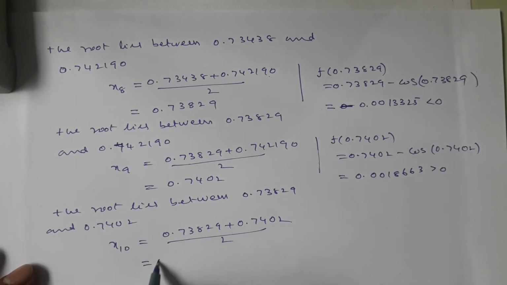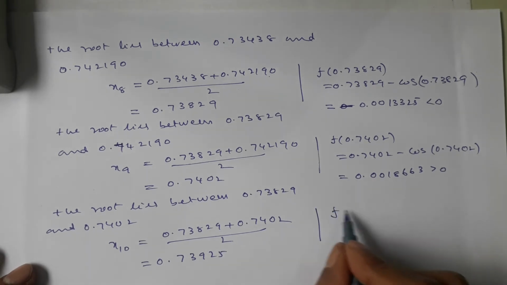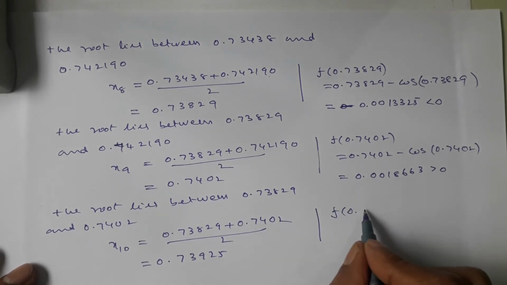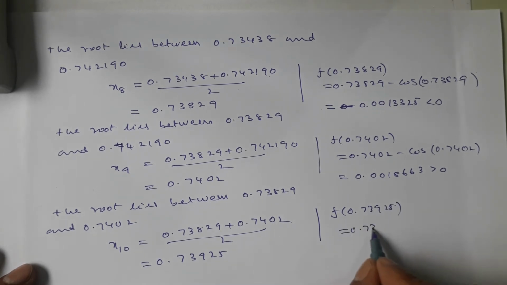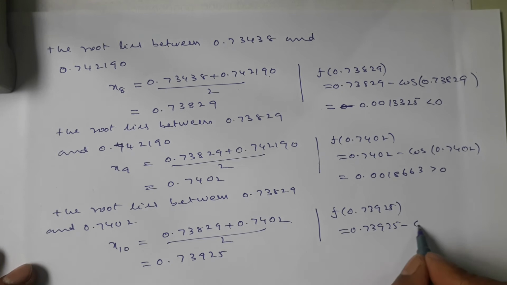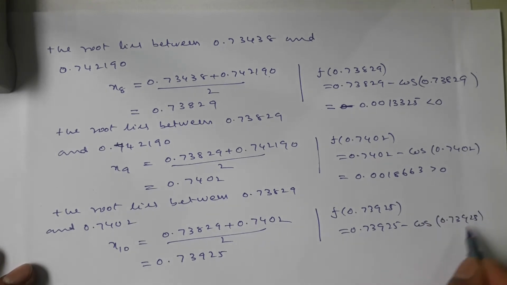is equal to 0.73925. This is f of 0.73925 is equal to 0.73925 minus cos 0.73925 is equal to 0.0002795, which is greater than 0.